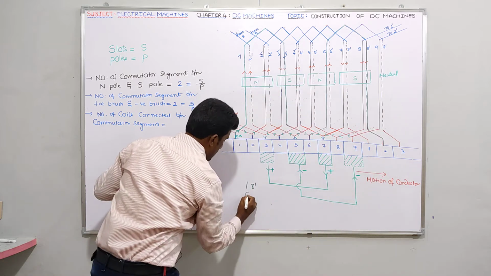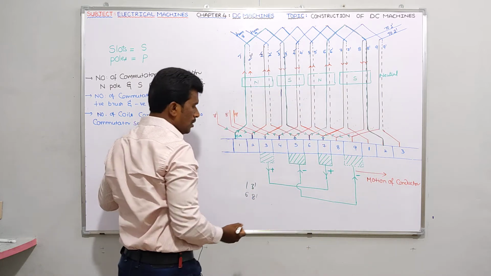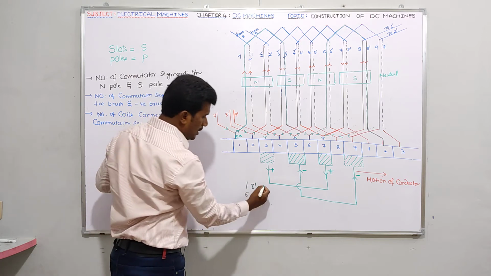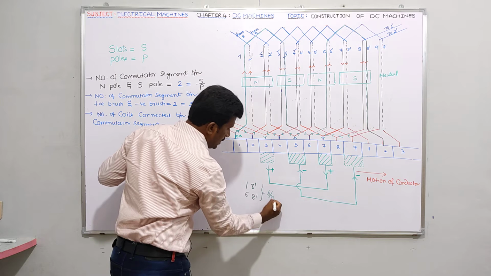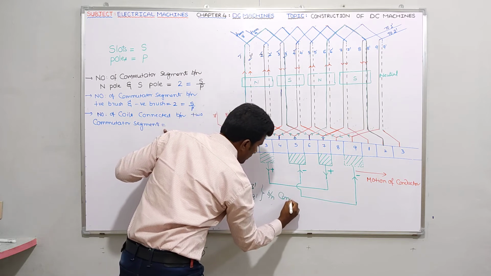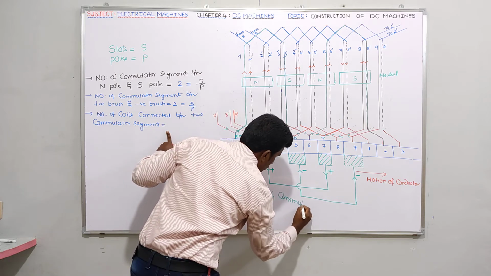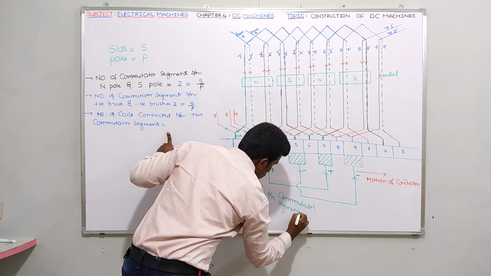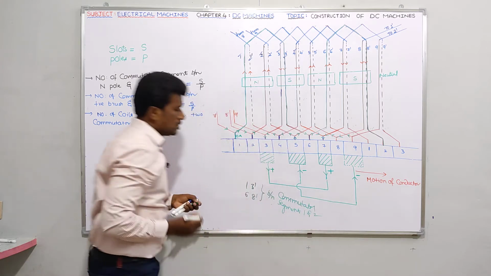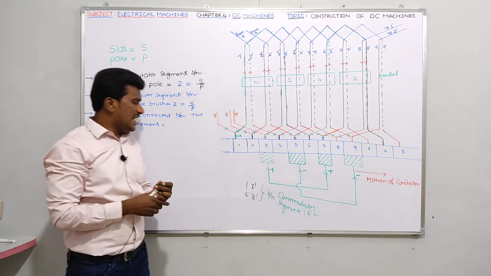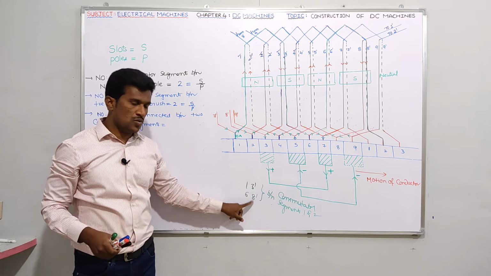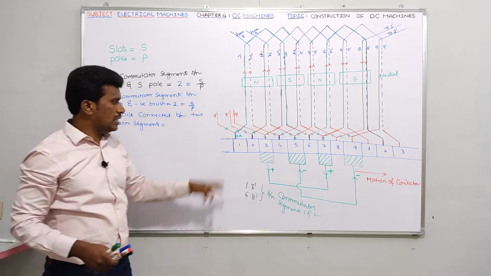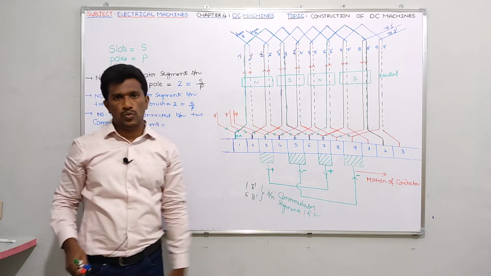So this 1 3 dash coil and 6 8 dash coil are connected between commutator segments 1 and 2. Please try to understand: 1 3 dash and 6 8 dash are the two coils connected between segment number 1 and segment number 2.